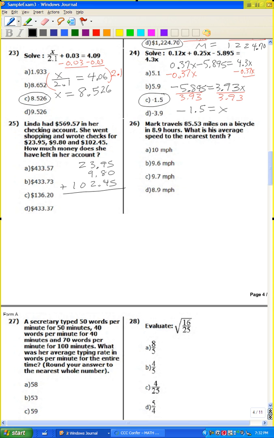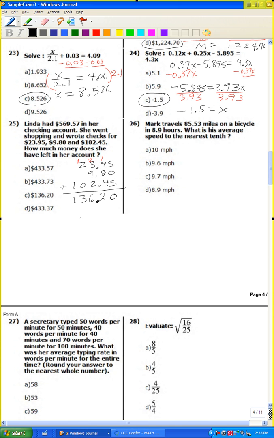So if I add that, you get 10, carry the 1, 22, carry the 2, 16, carry the 1. And so 136.20.